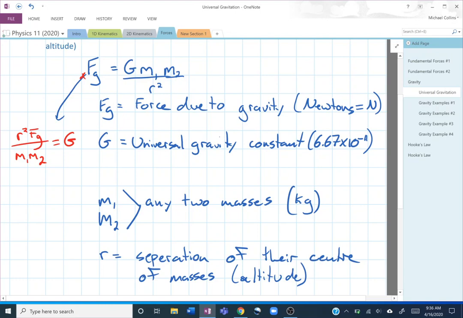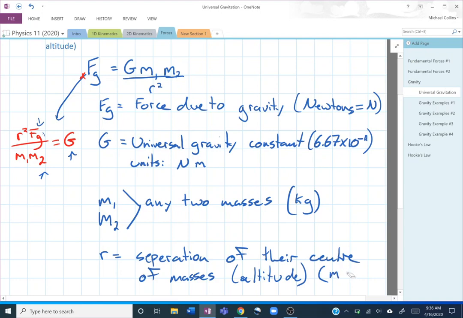That is G. So when I look at my units for this one, they are a little bit weird. I've got force on the top, so I'm going to need newtons, because my left-hand side of the equation has to equal my right-hand side. So my units are going to be newtons. r is going to be in meters, which we didn't talk about, I'll put it down there too.